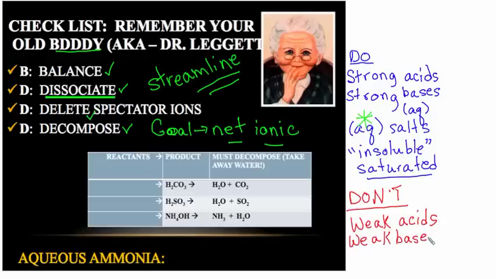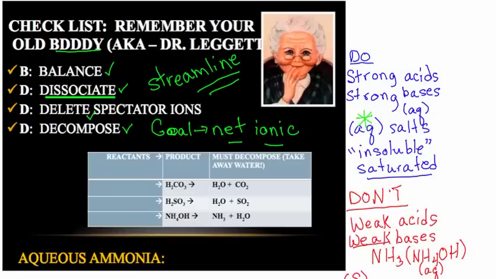Now, our typical weak bases are centered on nitrogen. So a key example of this would be ammonia, or you may see it as a product forming as ammonia hydroxide, and I'll address that in a minute. But the key is that your solubility rules tell you it's aqueous, and indeed it is. It will be in solution, but you still do not dissociate it because it's a weak base.